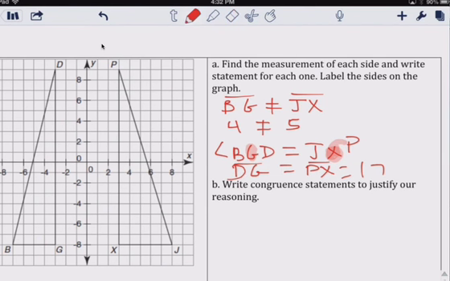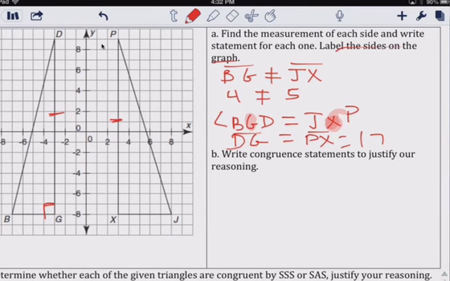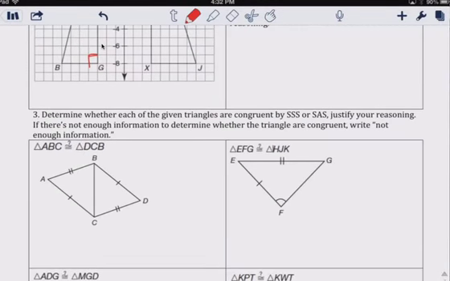It's too much work to just count. So these are the same, and the angles are the same. Okay, I need to see that, because you need to label the sides on the graph if they're the same. Are they congruent? No. The two triangles are not congruent, you write that down, because one of the sides is different.